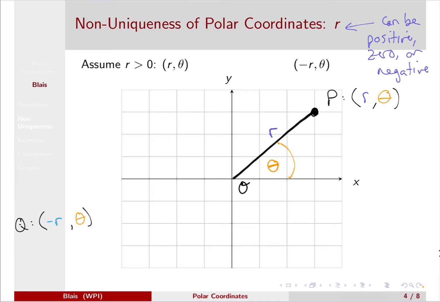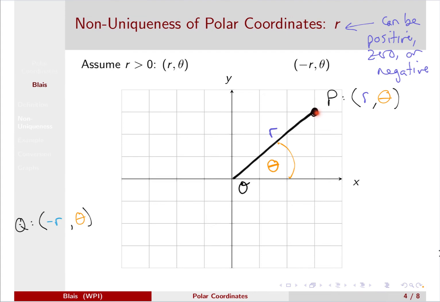And the way you get to such a point is you plot the point (r, theta) where r is positive. So think of r as being some positive number, something like 3. So if you want to plot (negative 3, theta), what you do is you first plot (3, theta). So here you would have your distance 3, or your distance r, and theta.